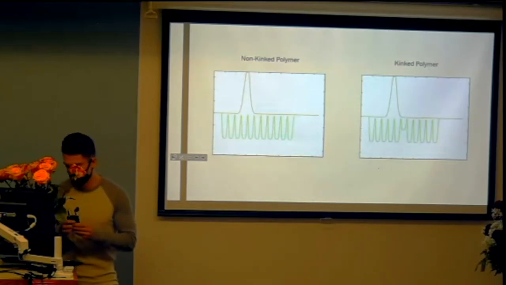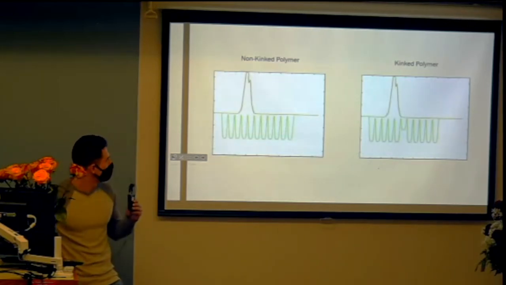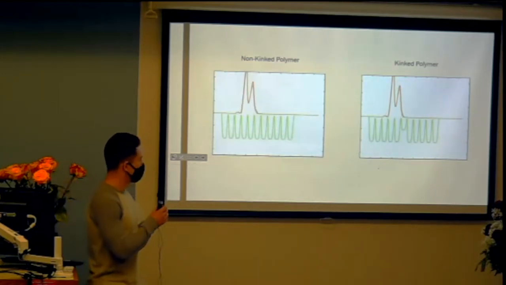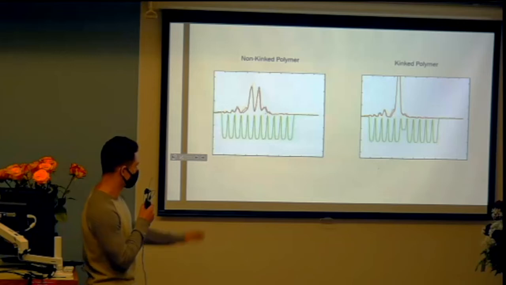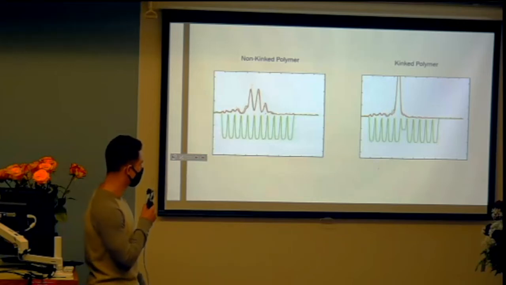And so here we have some movies. If you watch, the kinked polymer will have a larger buildup right before that kink, compared to the non-kinked, which will have an even more even distribution. As you can see right now.